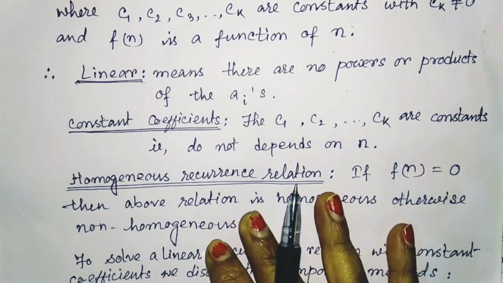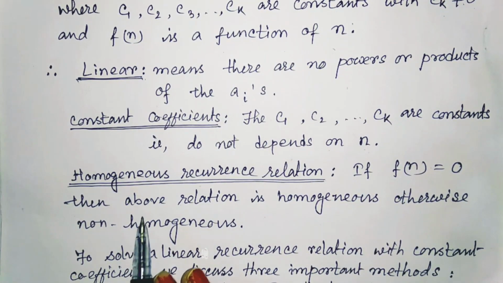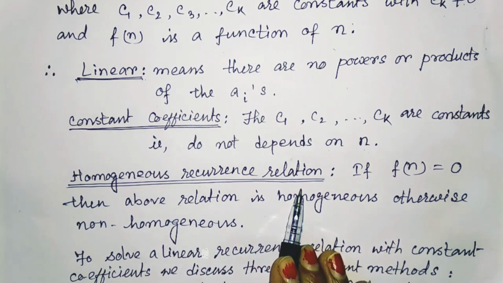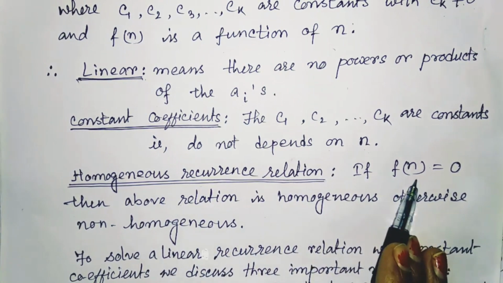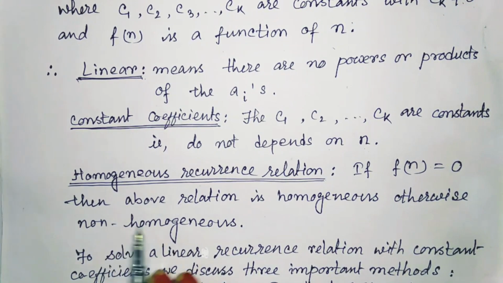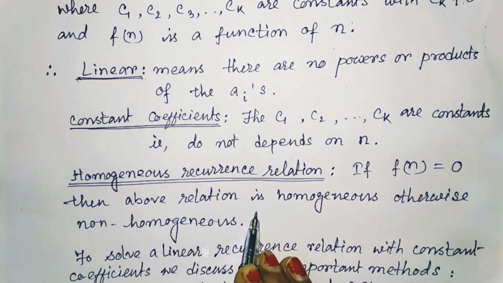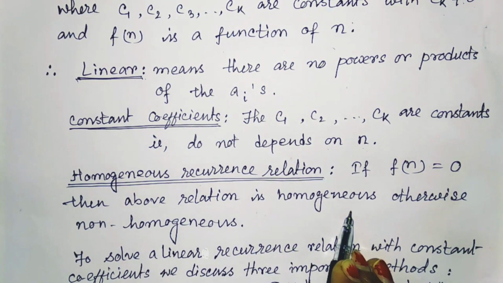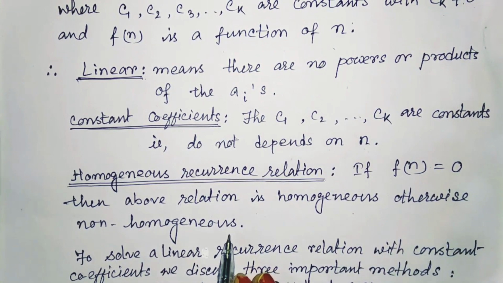One more thing that we should know is what a homogeneous recurrence relation is. If this function f of n is equal to 0 in the given recurrence relation, then the recurrence relation is called a homogeneous recurrence relation. Otherwise, it is called a non-homogeneous recurrence relation.